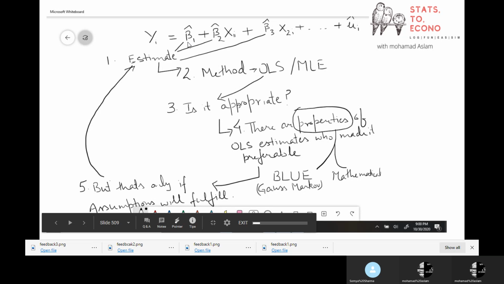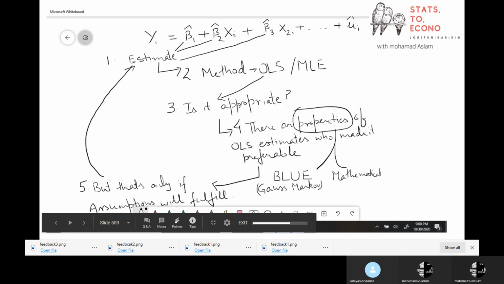First, we started with the estimates of beta 1 hat and beta 2 hat with the OLS method, and I explained that if all the assumptions of the OLS method are fulfilled, then these OLS estimates have properties which make them useful for sample regression functions.